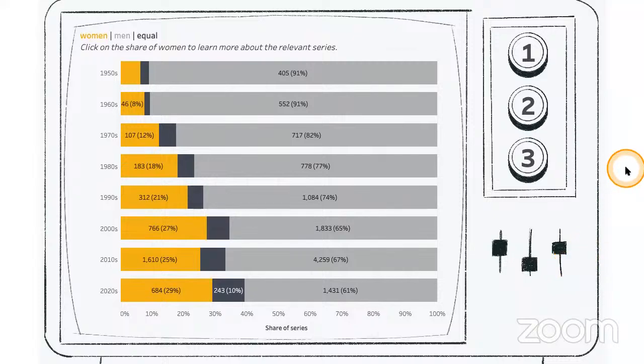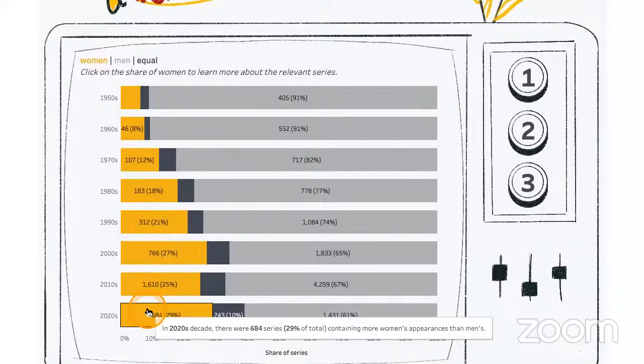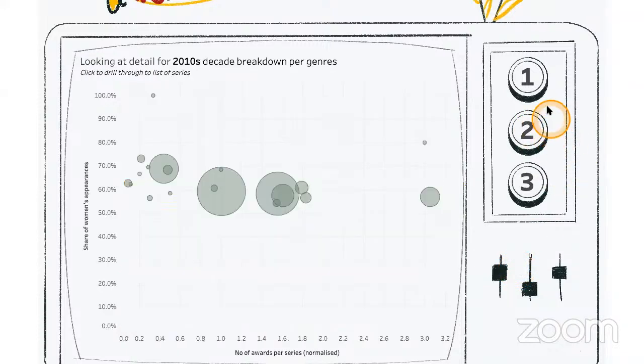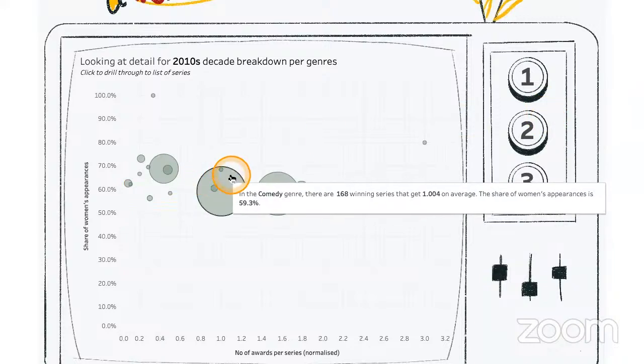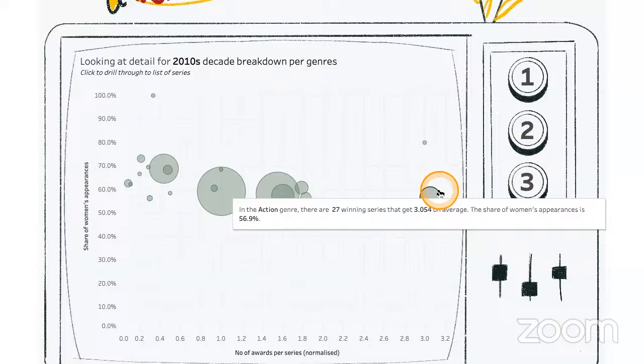Yes, over the years. So you can see the share of women in all of the series or the movies throughout the years, throughout the decades. And then if you click on one of the buttons here, you can see it per genre, for comedy, for drama, for action.